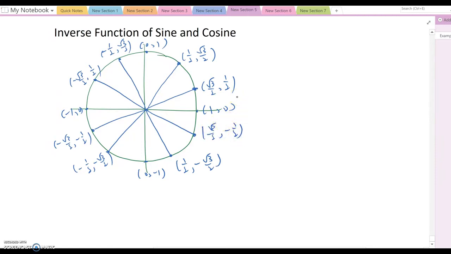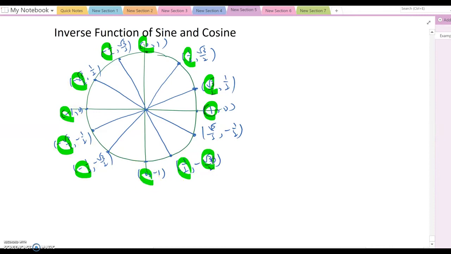So these all x values, they are cosine values here, right? And all these are sine values.